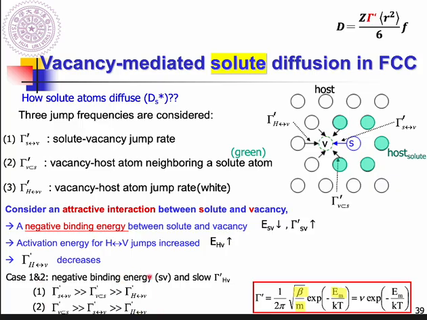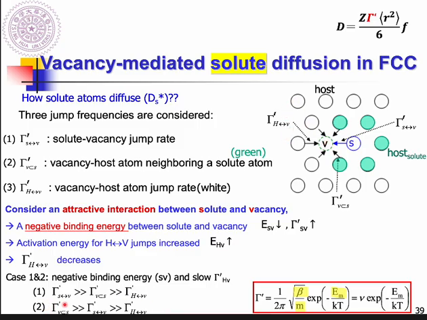The lowest gamma prime will be the host atom jumping into the vacancy. For case one, the solute exchanging with the vacancy is the highest, then second is the host atom surrounding the solute jumping into the vacancy, and the lowest is the host atom jumping into the vacancy.